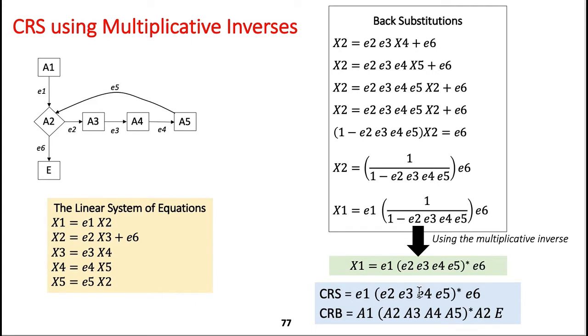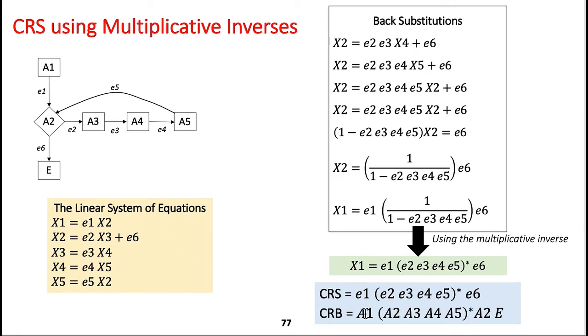Now the CRS is here. We can easily map it to CRB the way we did it before. Each successor element gets mapped to a program statement using the rule we discussed earlier. So we get the CRB which is shown here, and this CRB makes good sense as the execution behavior for this program.